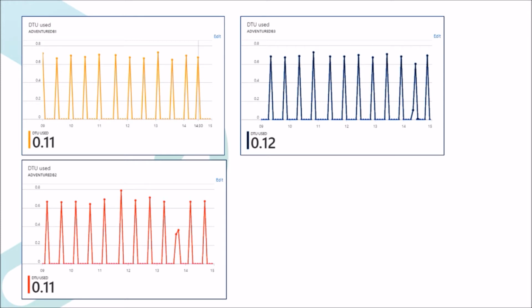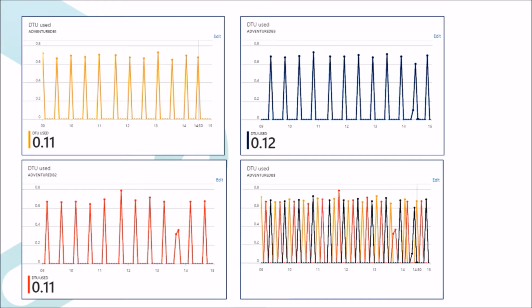If we merge these performance graphs, we can see that in this case, the combined total DTUs has not increased. In this case, if we could share the power, then all 3 databases could run in just 1 DTU, rather than each database having to use 1 DTU each, costing a total of 3 DTUs.